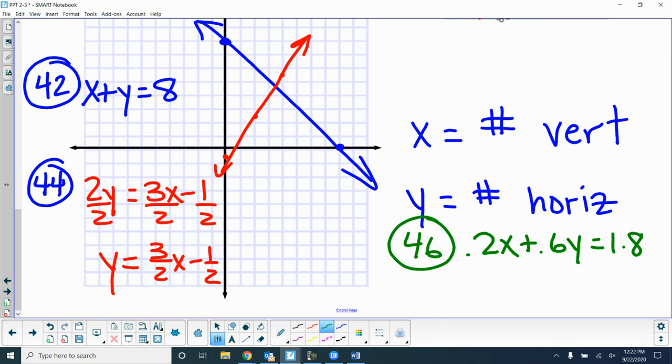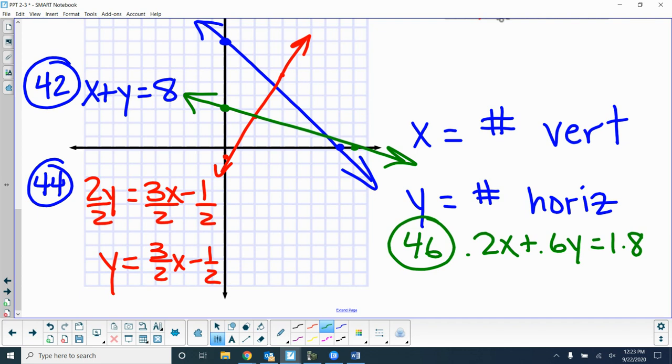So divide 1.8 by 0.2, and you'll get 9. And then I put 0 in for x to find the y-intercept, and 1.8 divided by 0.6 is 3. And then I don't have to mess with the decimals trying to get y by itself. So that's how I would do that one.